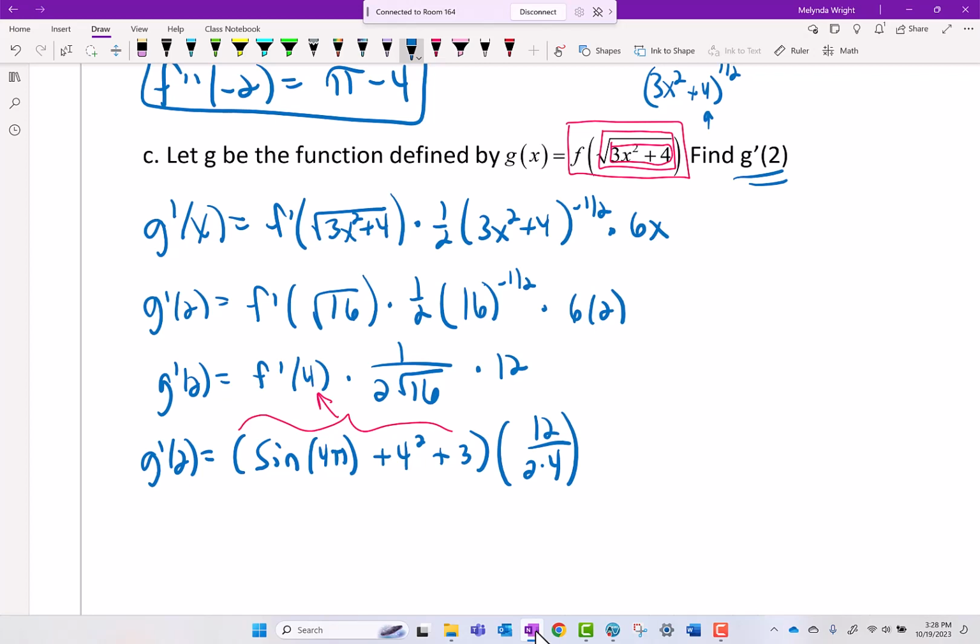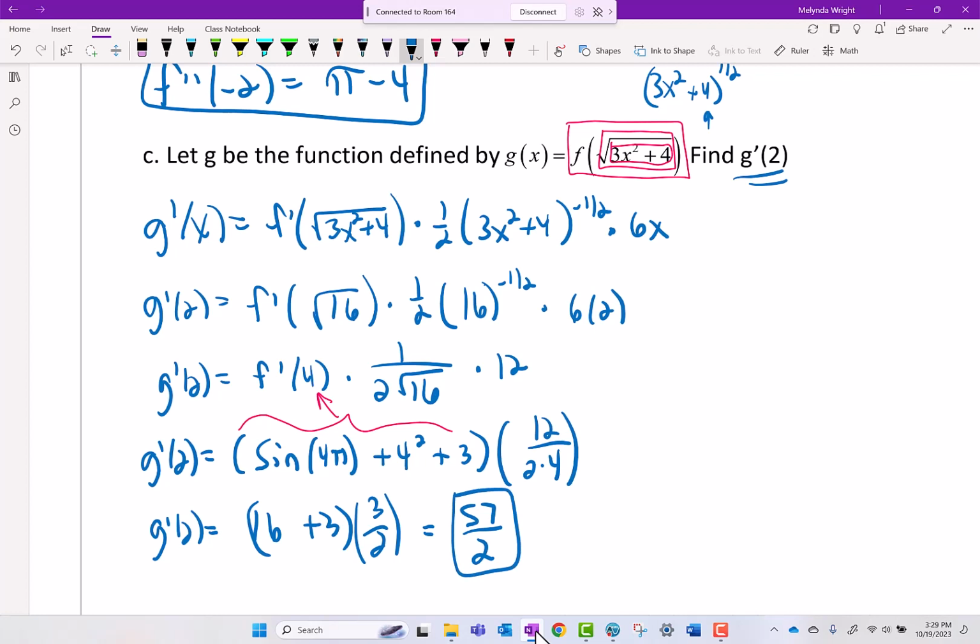Do we know sine of 4 pi? 0, thankfully. g prime of 2 is going to be, what, 16 plus 3 times, that reduces to 3/2, which just arithmetic is 57/2. We're almost there, ladies. We're on the home stretch. One more.